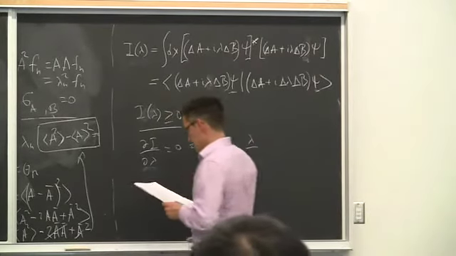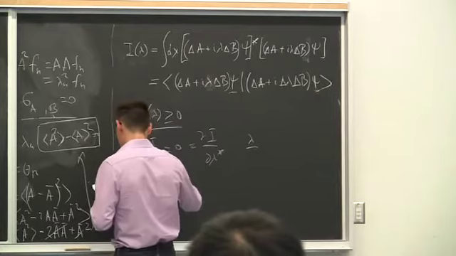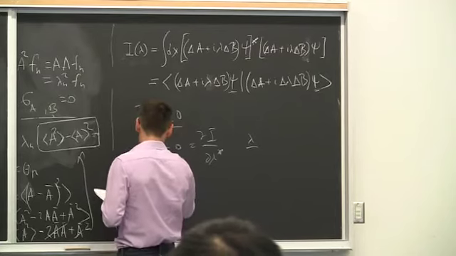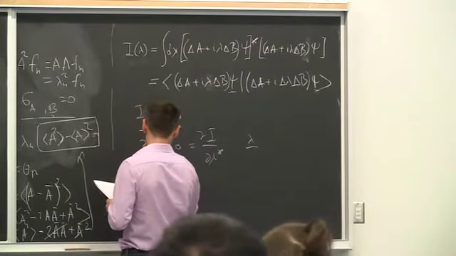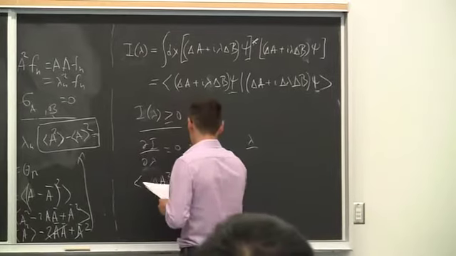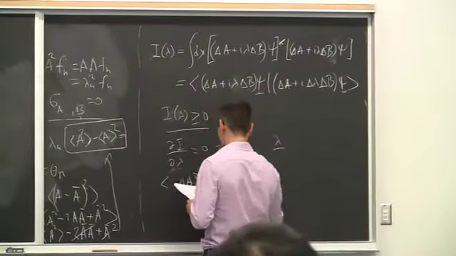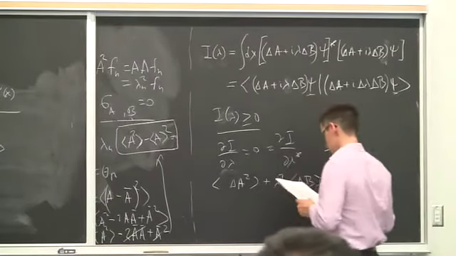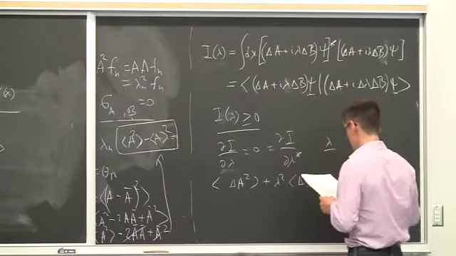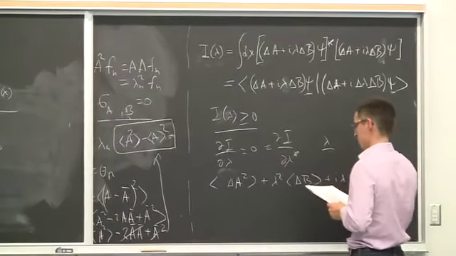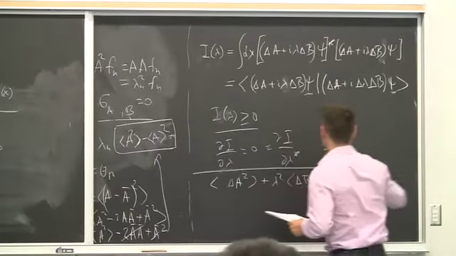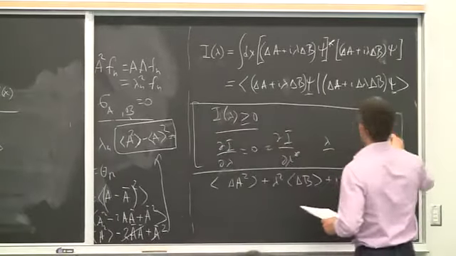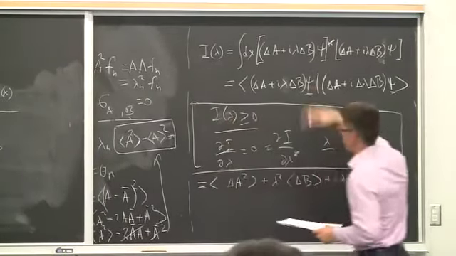And so differentiation that can be done here will generate the following expression. It will be delta A operator squared plus lambda squared delta B plus cross terms i lambda. This is the continuation of what I of lambda is.